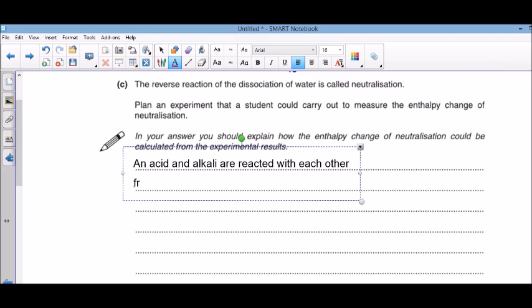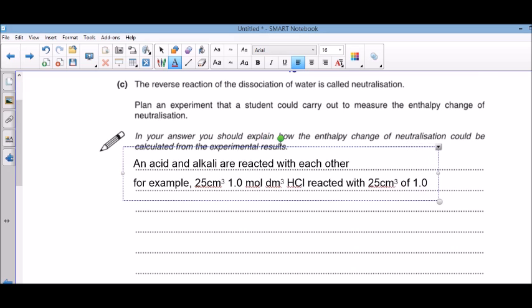So for example, I could do 25 centimeters cubed of 1 molar HCl reacted with 25 centimeters cubed of 1 molar sodium hydroxide.